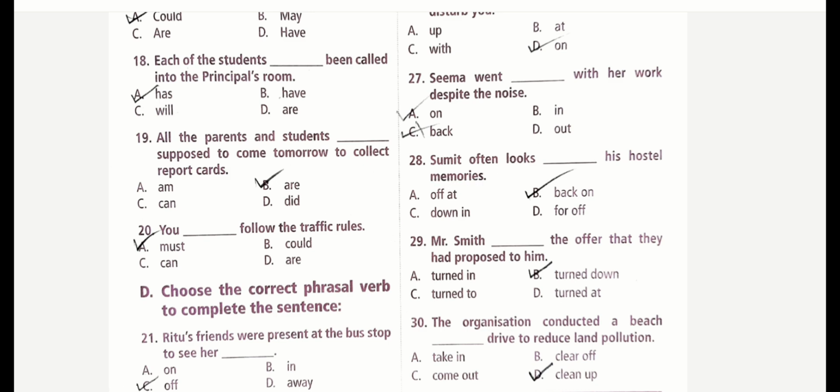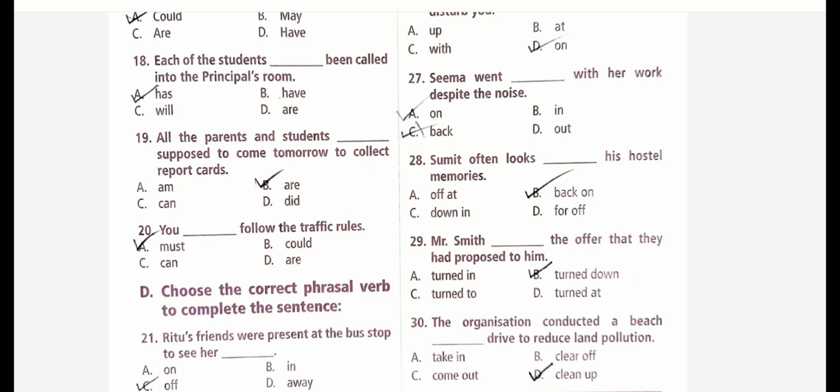Correct answer is back on, because the phrase look back on is used to reflect on or remember something from the past. Sumit often looks back on his hostel memories.